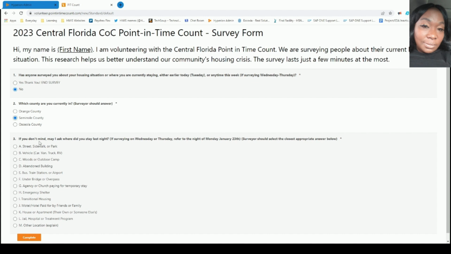And then you're going to ask, if you don't mind, may I ask, where did you stay last night? There's some questions that you can ask if they're uncertain. Street, vehicle, woods, abandoned building, bus, under a bridge, agency, emergency shelter, to try and get in mind of where they have been unsheltered.